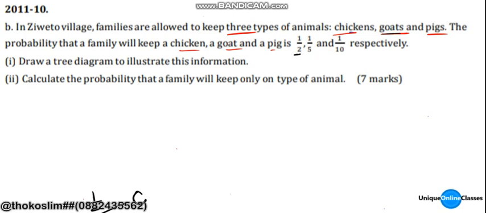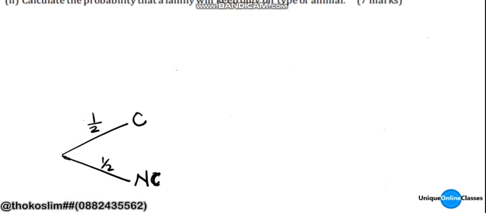So goat, for goat that's 1/5. So we have goats and no goat.